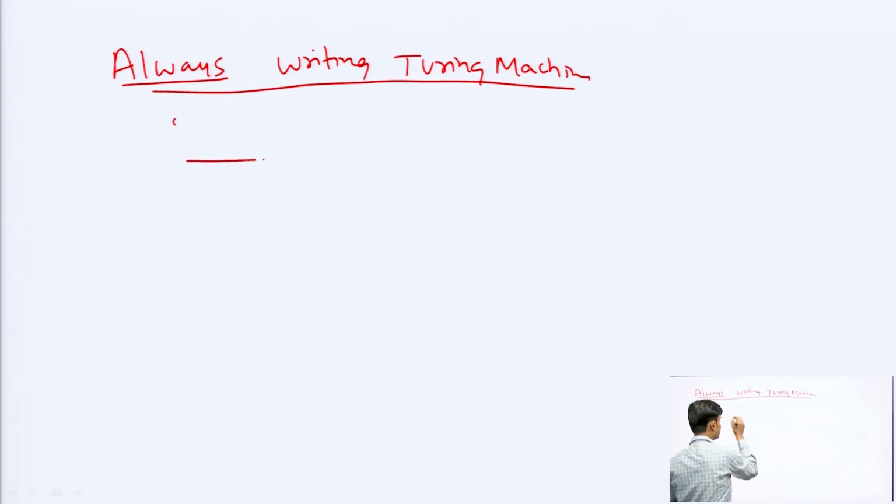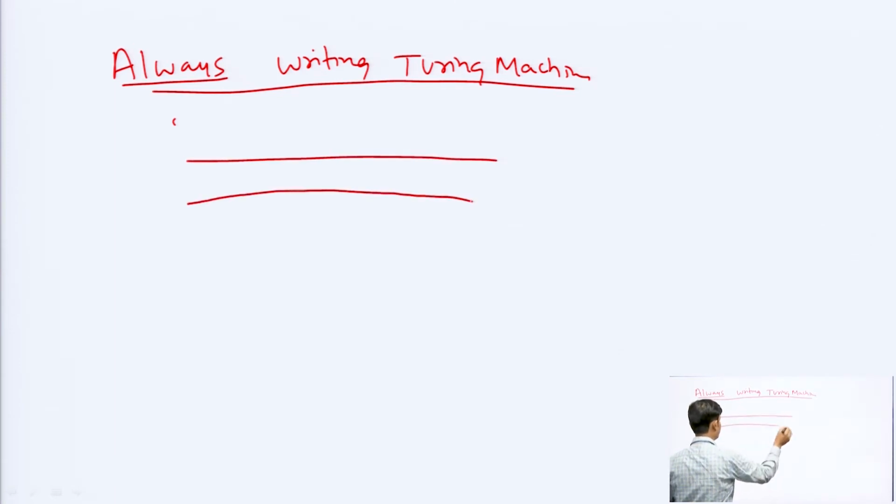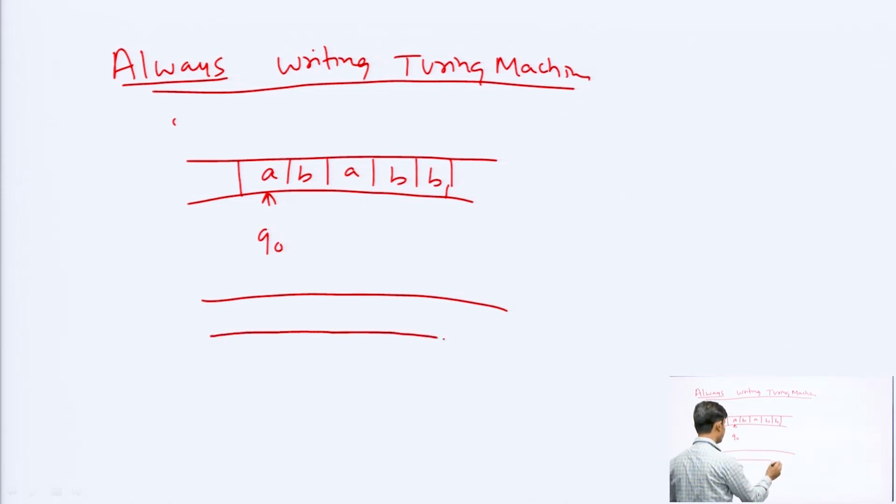How does this work? You have some input alphabet A, B, A, B, B. For each input you must write something. Suppose we are here at Q0 and you have to write something compulsorily.